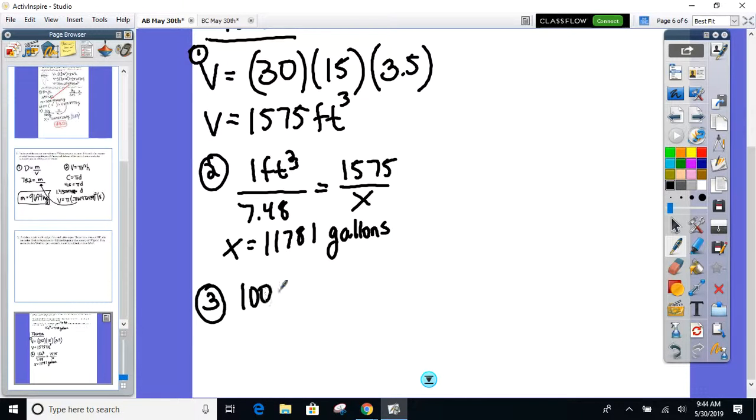I don't care what you put on top, but 100 gallons, and you're going to charge me $3.95. And then where's my 11,781 going to go? Across from wherever you put the gallons. And then find out how much you're going to get charged. Easiest way to do the conversions. Set up a little proportion for yourself.